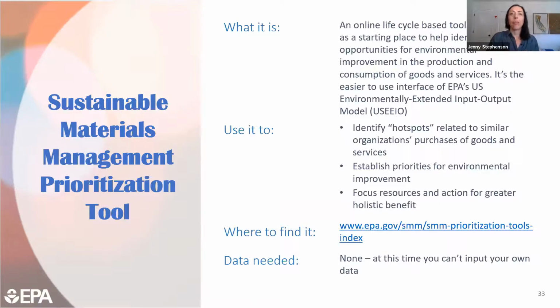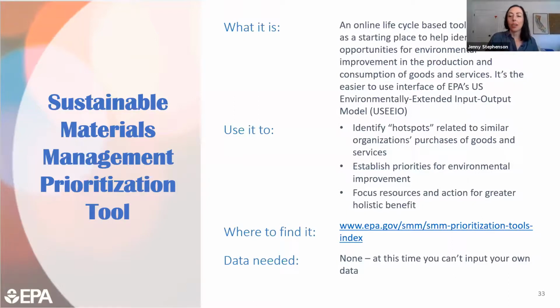But at a high level, this is the modernized version of a consumption-based inventory. It really looks at how what you decide to purchase has impacts upstream. Your purchases are driving things upstream.